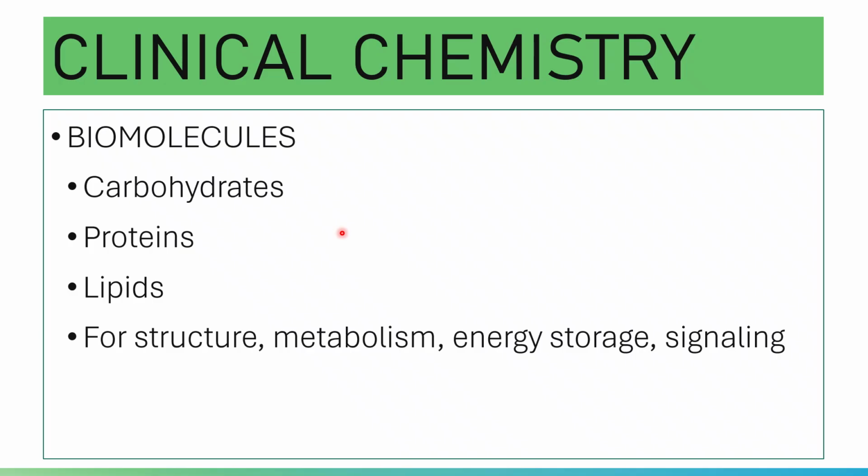By the way, if you want to add nucleic acids here, they are somewhat not included in clinical chemistry testing. So you will only learn about carbs, proteins, lipids. But in biochemistry, you will learn about nucleic acids and heredity.